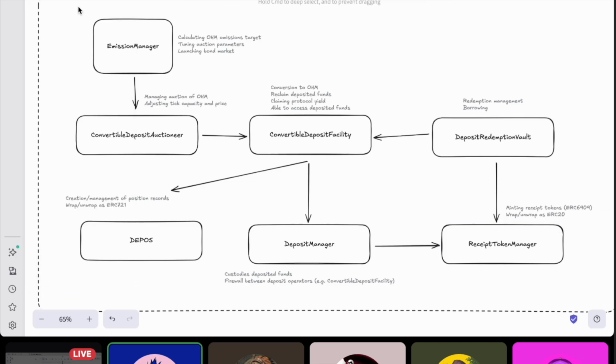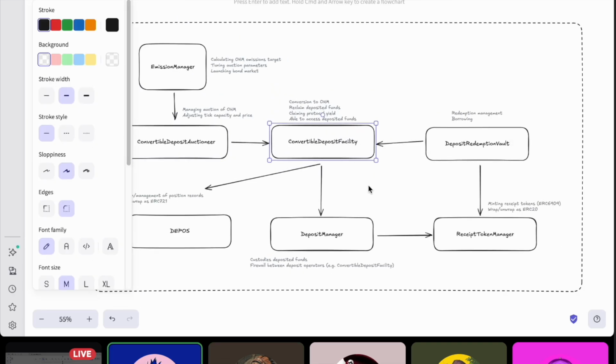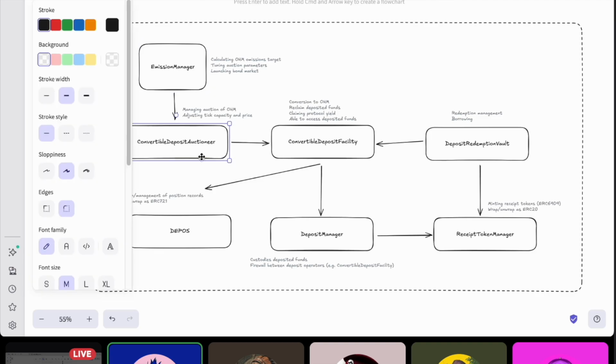And then the rest of the lift is done here by the emission manager, the convertible deposit auctioneer, and the facility. So the emission manager is very similar to what we had previously. Once per day, what it is doing is it figures out what is the target emission for the day, how much ohm do we want to sell. It figures out the current market price, and it will pass this onto the deposit auctioneer, which is responsible for actually running the auction.